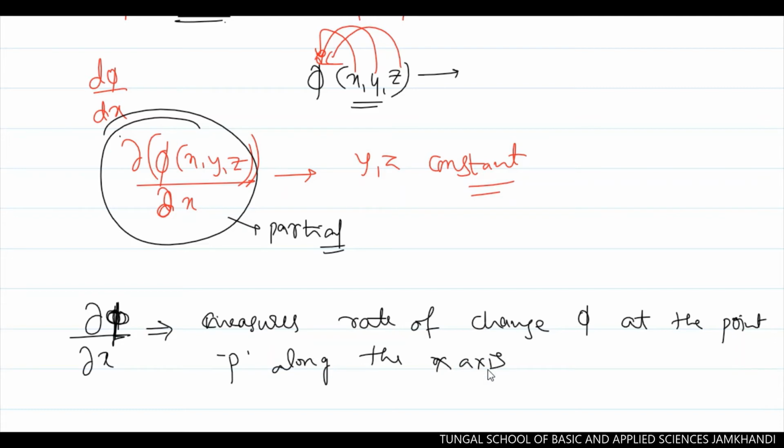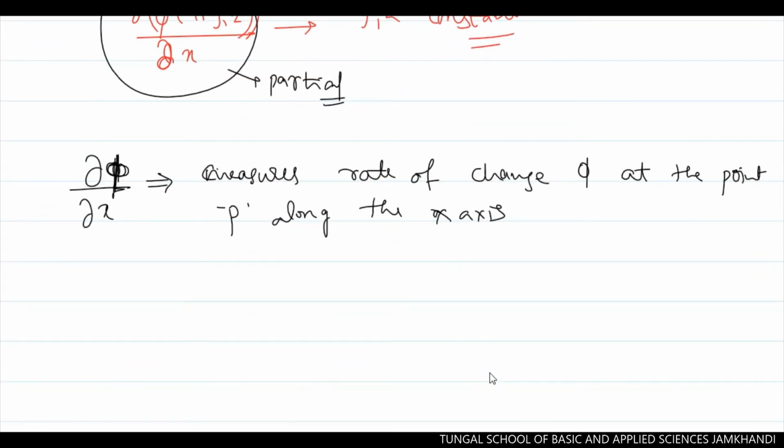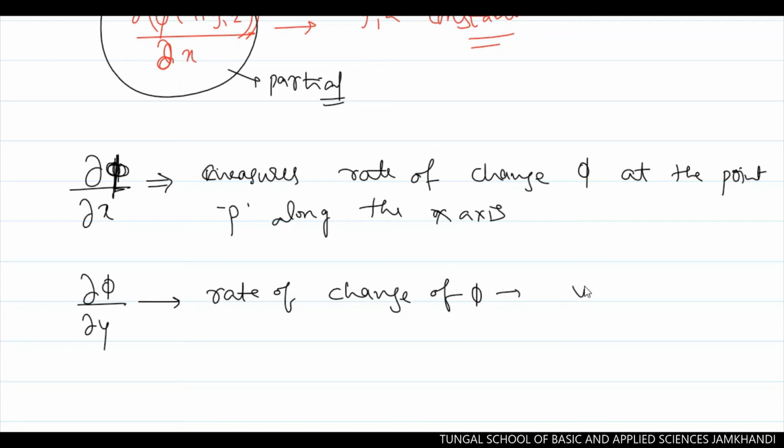It represents only the variation of that function along the x-axis. If you take the partial derivative along y, it is written as dou phi by dou y. It tells about the rate of change of phi along only the y axis.